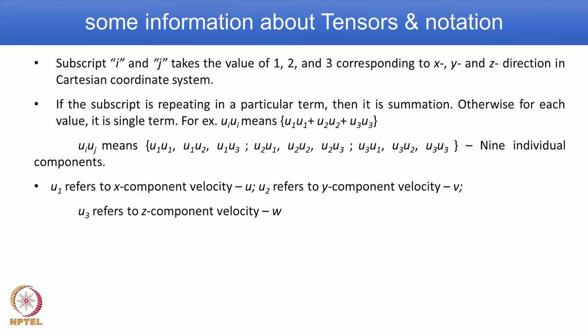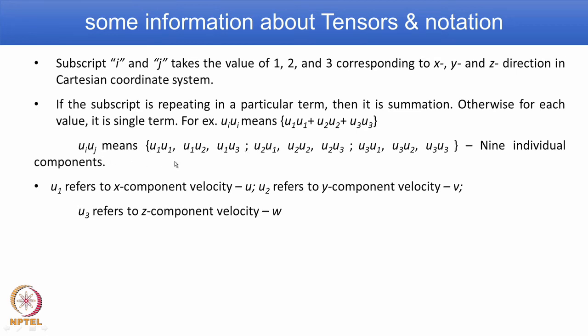Now, you see immediately the advantage of writing in tensor notation. To represent 9 independent components, it is so easy to write with the help of the subscript or index notation u_i u_j. We also learned that if an index is repeating, that index is called a dummy index. If the index is not repeating, it is called a free index.